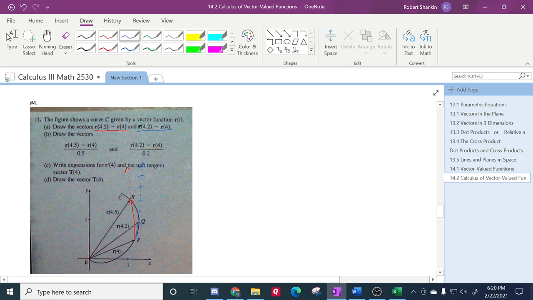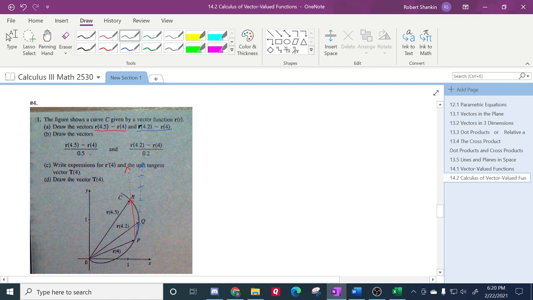Here, we get to make it 5 times as big by dividing by 1/5. Okay, and they're still pointed in exactly the same directions. Now part C. Write expressions for r prime of 4 and the unit tangent vector T(4).